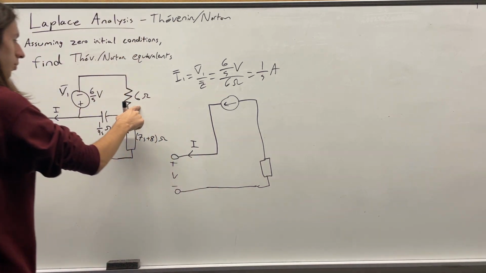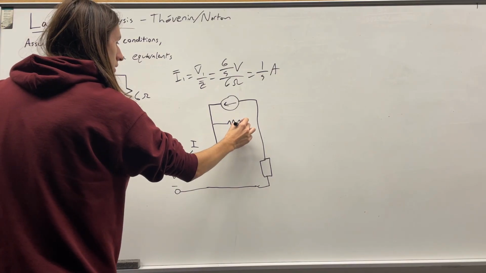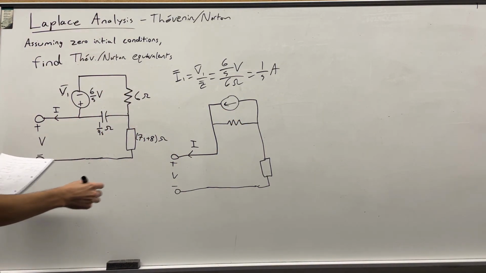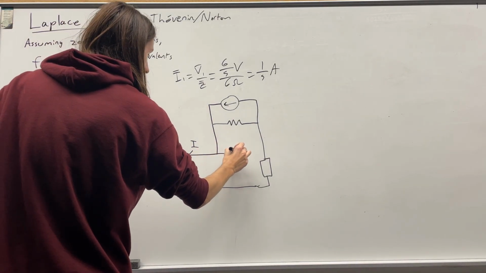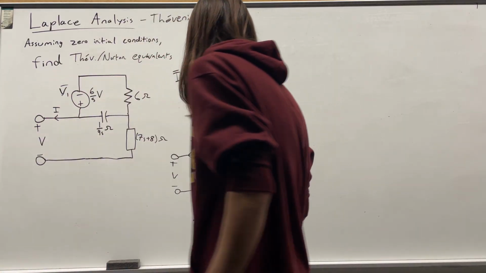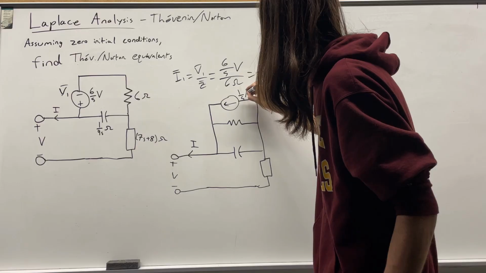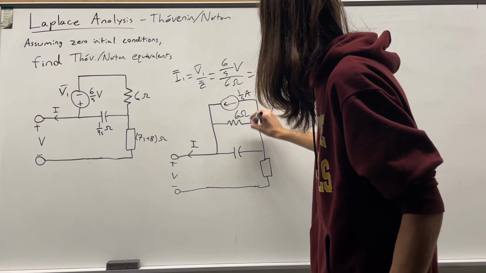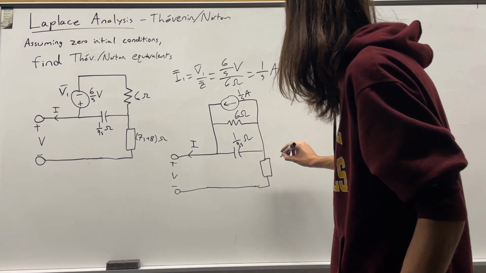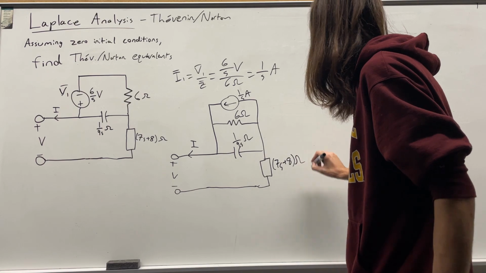And then that 6 ohm resistor will be in parallel with the current source. Then we still have this capacitor here. So this is 1 over S amps, 6 ohms, 1 over 9S ohms, and then 7S plus 8 ohms.